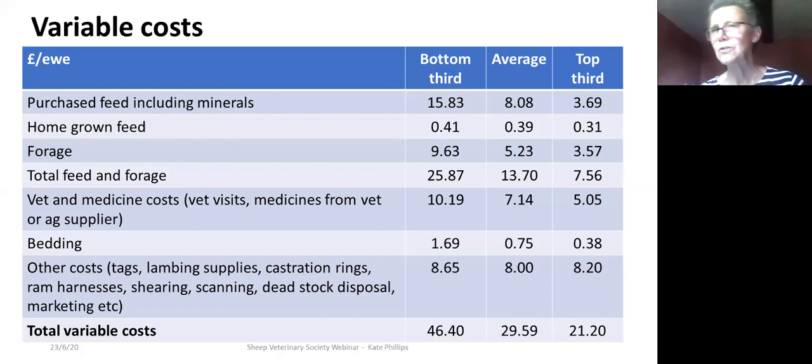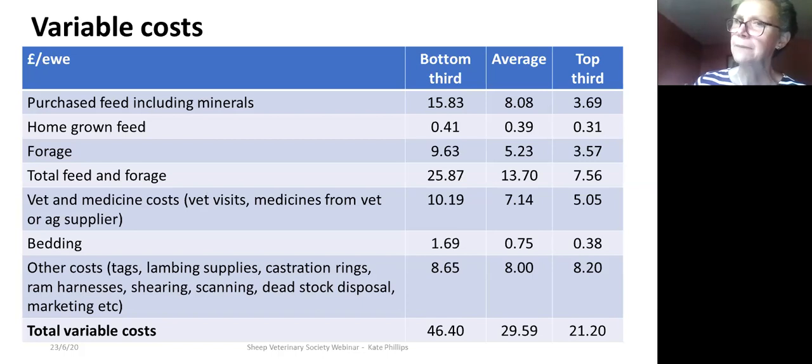If you wanted to work that out in terms of relative amount of concentrates, I've done a quick calculation to help you with that. If compound feed was £250 a tonne, and you divided the £15.83 by 25p a kilo, that's what £250 is, that would give you a figure of 63 kilograms of feed purchased by that farmer, as opposed to the top third farmer who was only probably buying about 15 kilos of feed in.